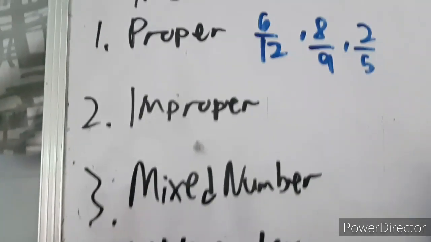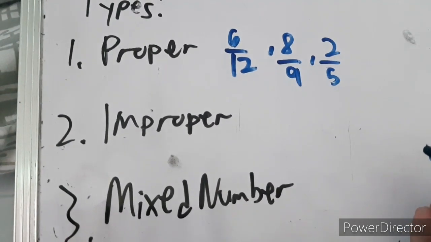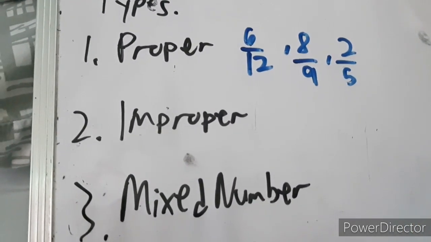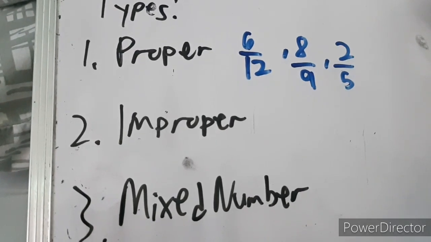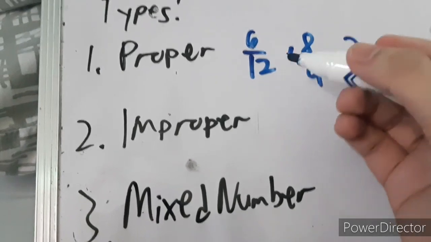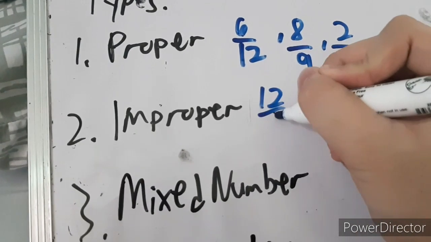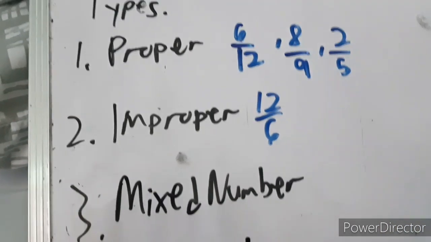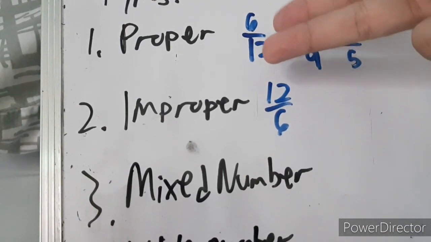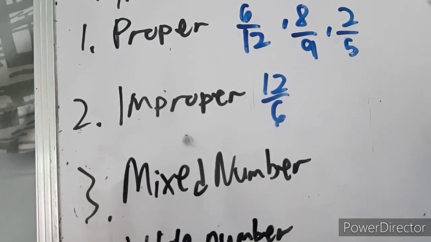So, let's move on to improper fractions. Tinawag po siyang improper fractions dahil ang numerator ay mas malaki sa denominator. So, baliktaran po ng proper fraction. So, kunwari, kung 6 over 12, magiging 12 over 6. Kasi ang process po na binaliktad lang po ang proper and improper fractions.